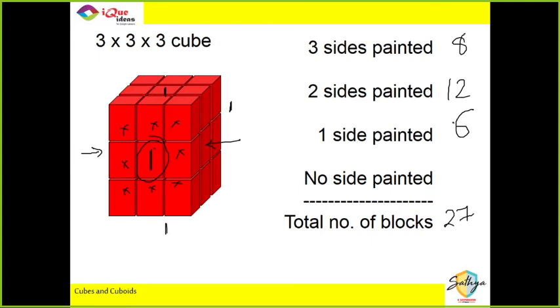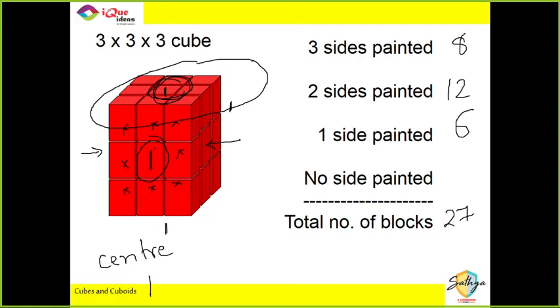Okay. Now, for 0 sides painted, I'm going to teach you a trick. First, take the top layer. How many center pieces do you see in this layer? 1, correct? 1 center piece. Now, vertically, how many layers are there?